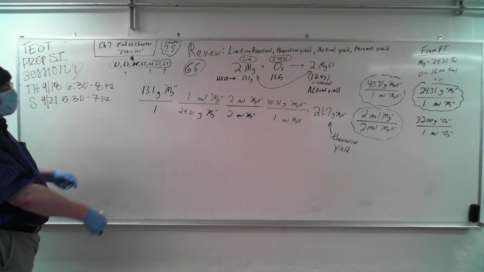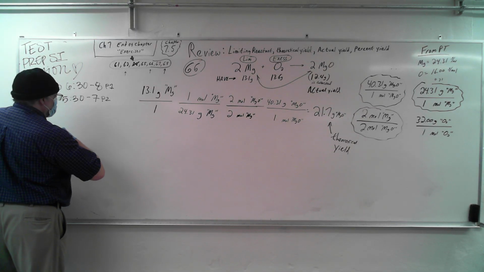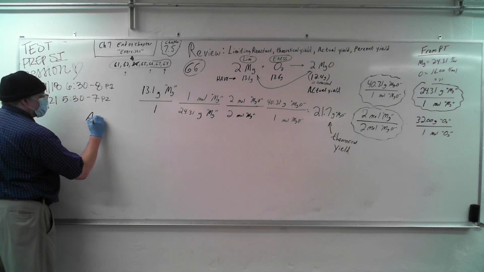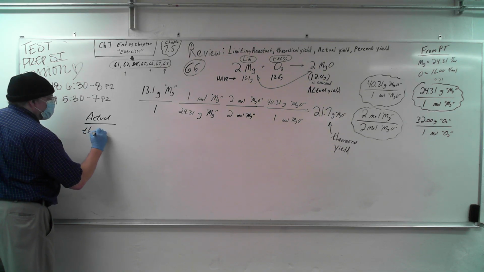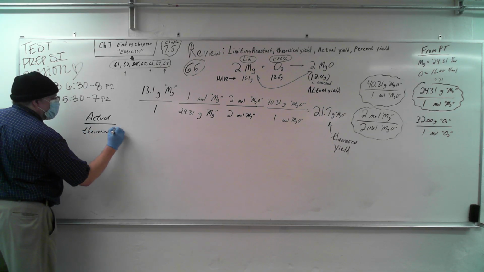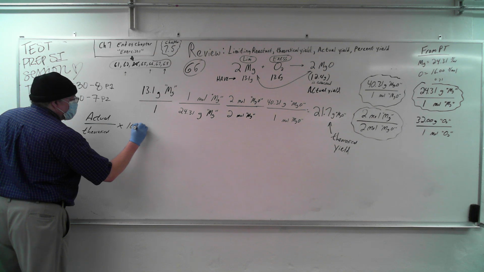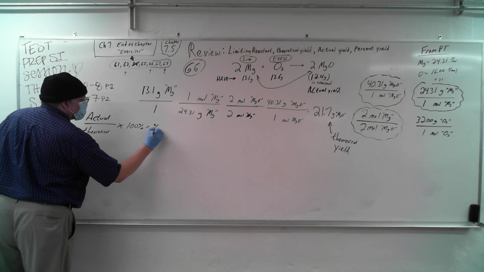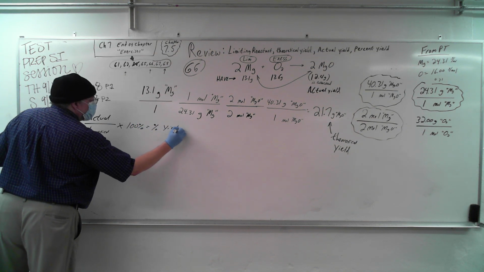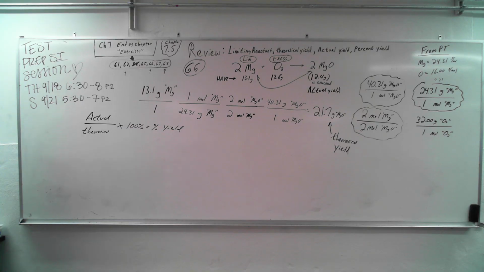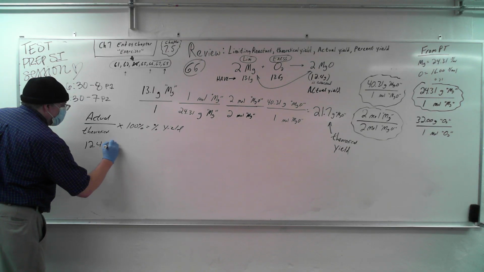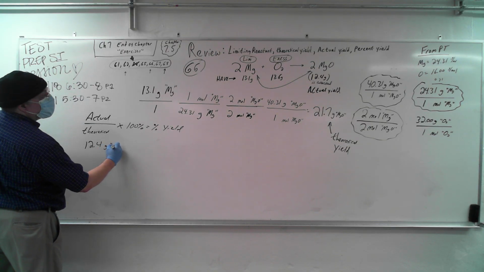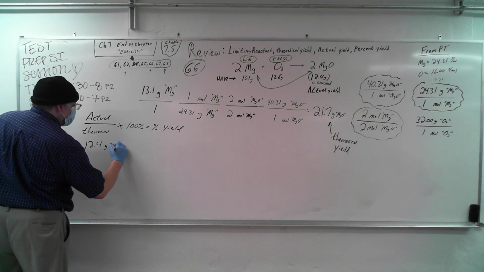Actual yield is given. To find the percent yield, it's always actual on top over theoretical times 100, and that's your percent yield. So in our case, actual is 12.4 grams of MgO.